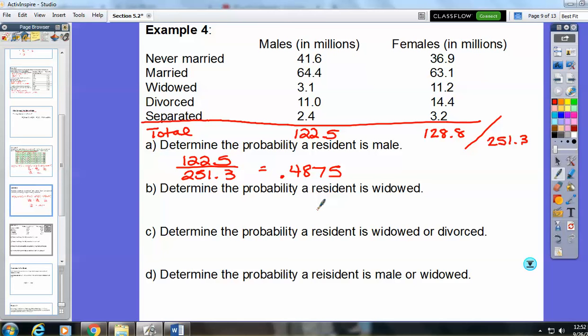The probability a resident is widowed. Okay. A couple different ways of doing this. Probably the easiest way is just to add up all the widowed, which would be divide that by our total.